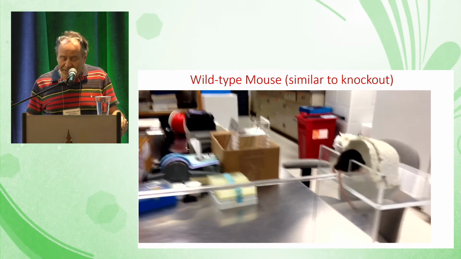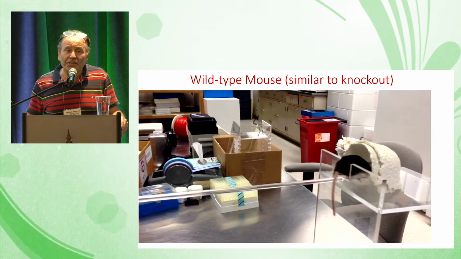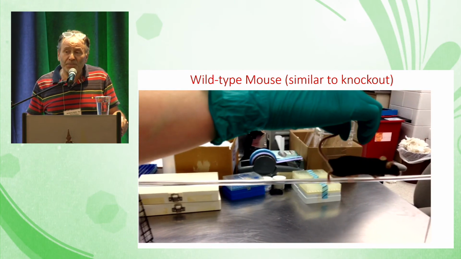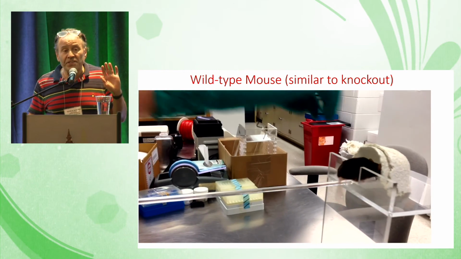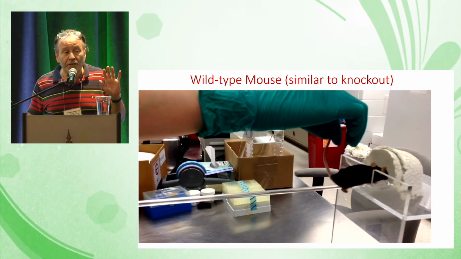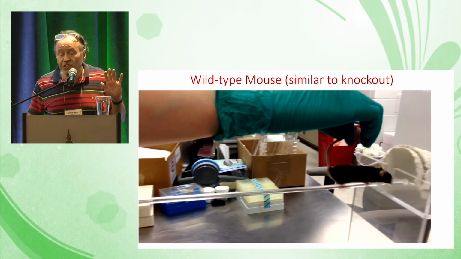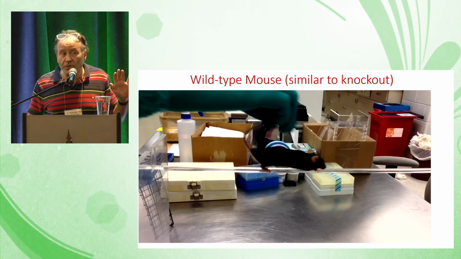So what I did is I took a mouse and I introduced mutant human spastin. I left the mouse genes alone. They're still there. So this animal that I'm going to show you in a moment is not haploinsufficient. It has all its normal mouse genes.